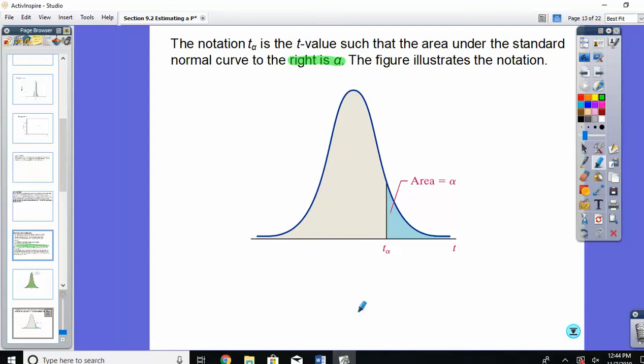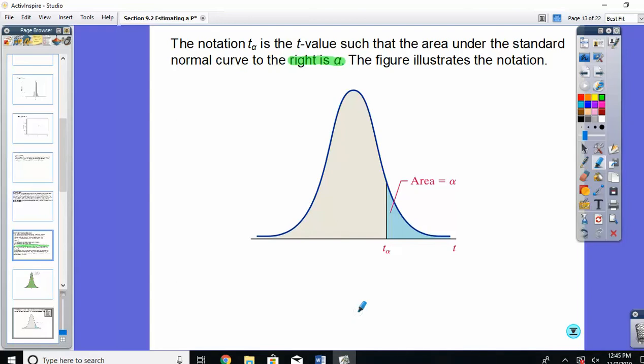But we actually have a table for our T values, and this one is different. If you flip in your formula sheet to the T distribution, and look at the picture at the top, this table actually gives you the area to the right.